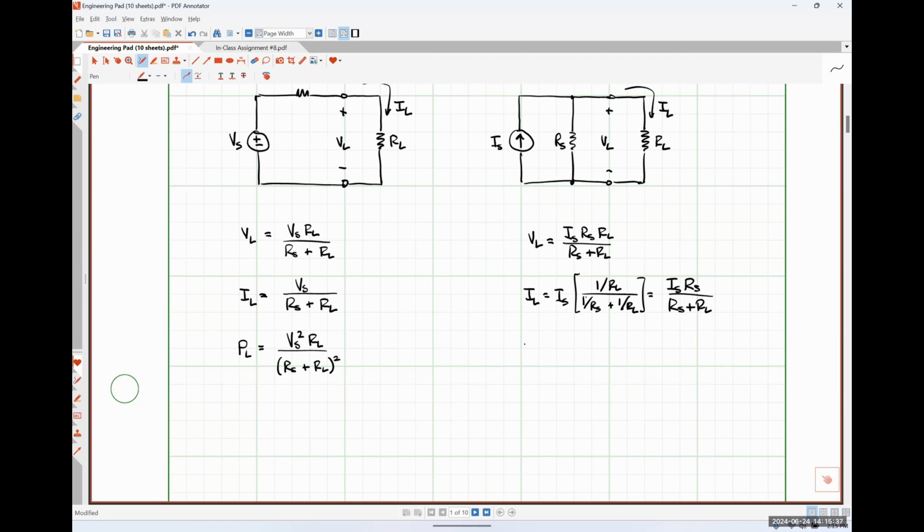And lastly, our power is going to be simply the product of our voltage and current. So that's going to look like Is Rs squared times RL divided by Rs plus RL squared.